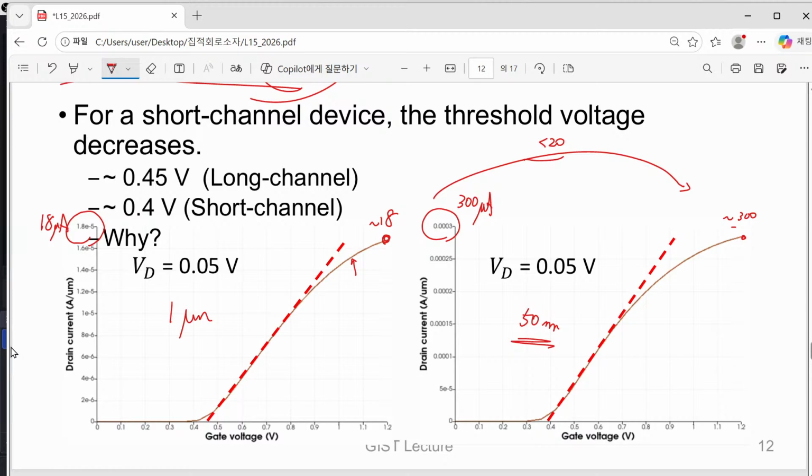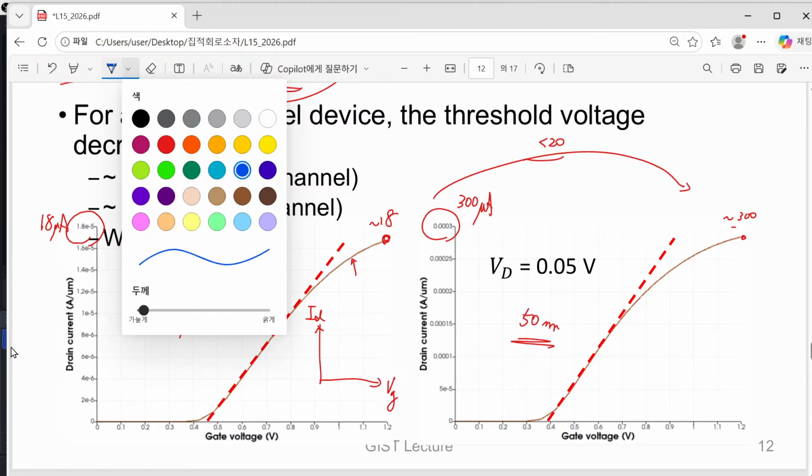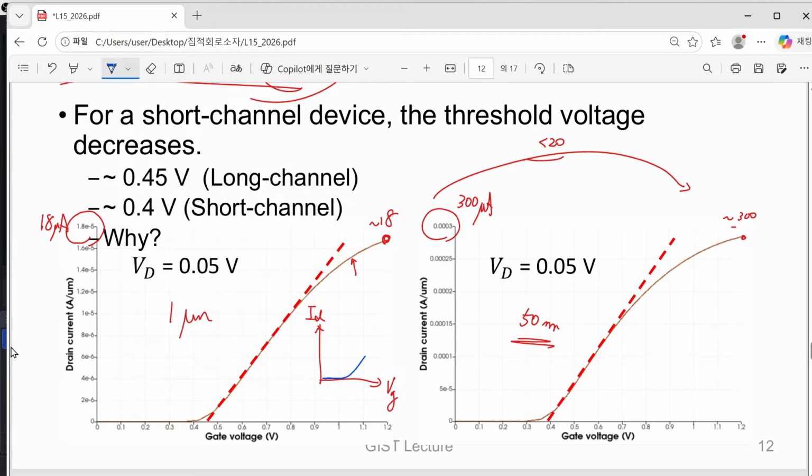Here, when you have this ID versus VGS curve, usually this is the ideal one because this line is so straight. In reality, this line shows more realistic behavior.